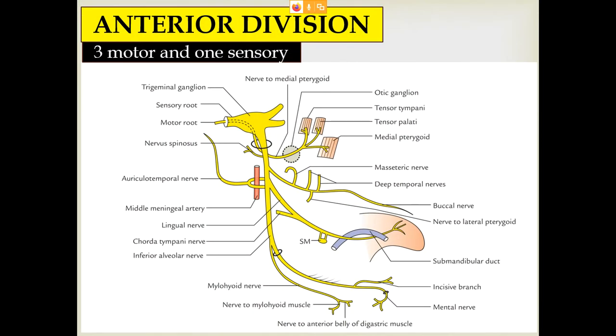Now coming to the anterior division of the mandibular nerve. From the anterior division, we can identify that it gives off three motor branches and one sensory branch. The three motor branches: one is the masseteric nerve.